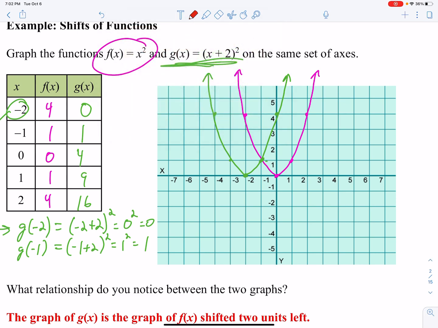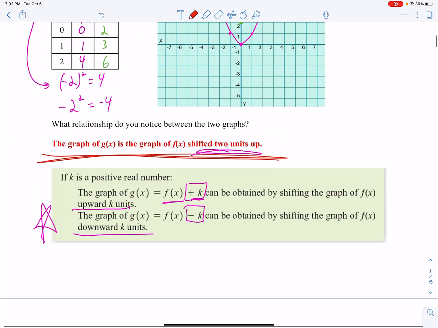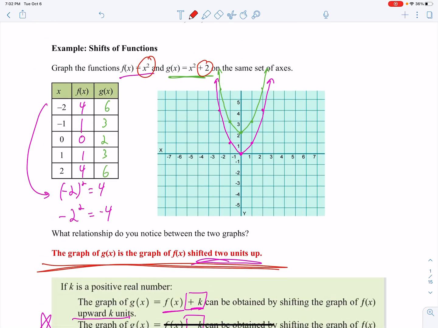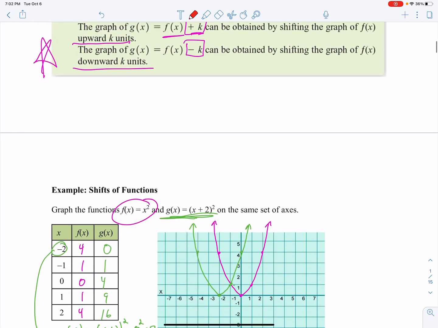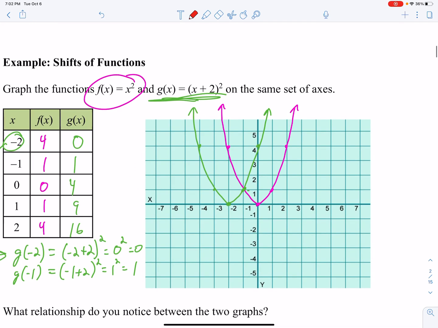And what we notice is similar to before. In the first example, we added 2 to the function and we moved upwards. This time, notice we're adding 2 to the x, right? When we add 2 to the x, this is the weird thing about adding and subtracting to the x, we move in the opposite direction.